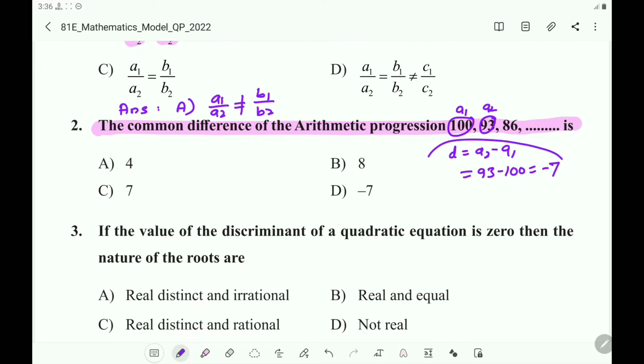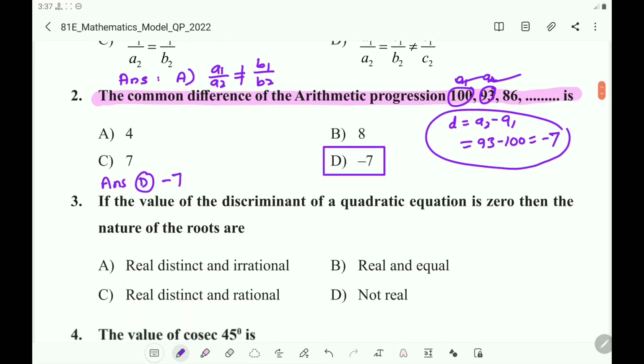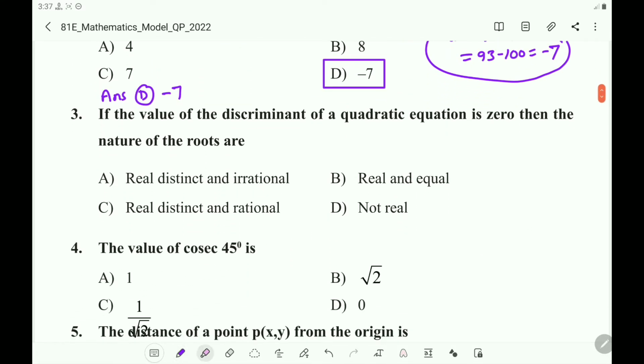No need of writing this, you can do it orally. You must know that 93 - 100 is equal to -7. So, what is the answer here? Option D is the answer. So, you write the answer: Option D, -7.